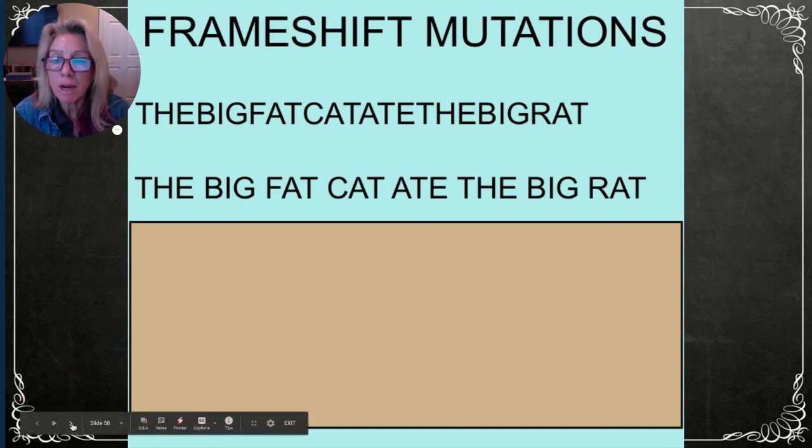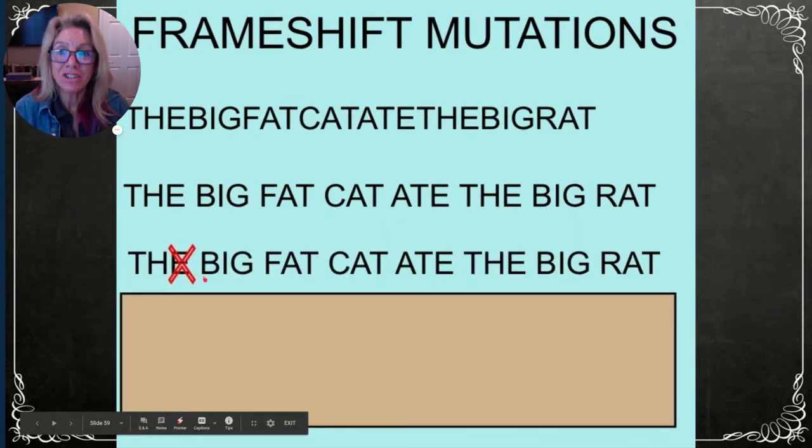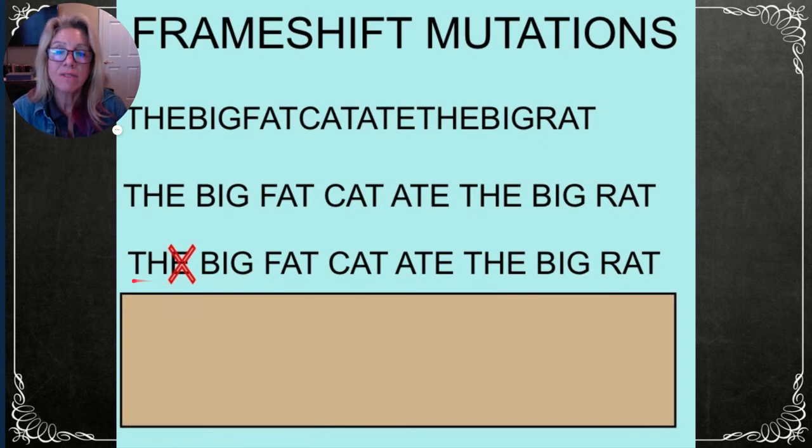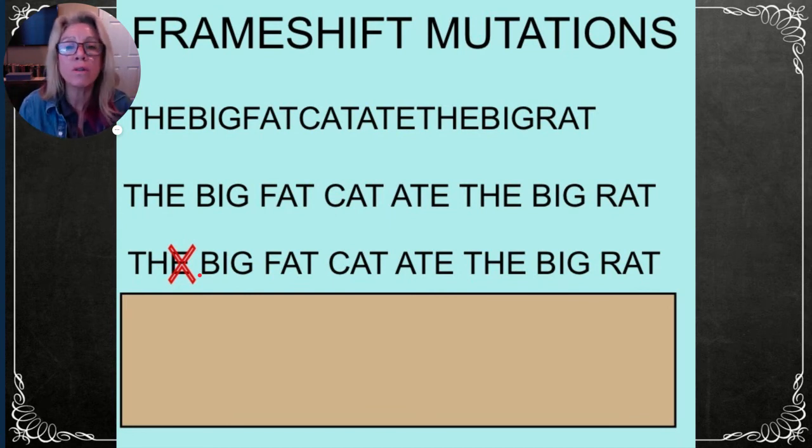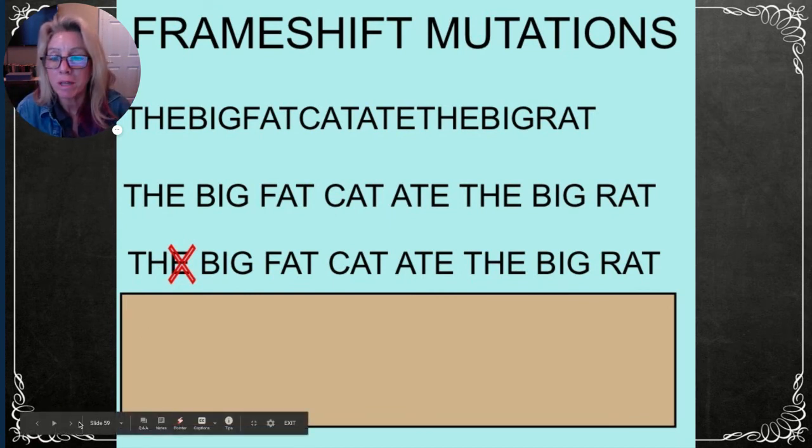So a mutation might be where you have a deletion of the E in this THE. Then your first codon is no longer going to be THE, it's going to be THB, and all the next codons are going to be off.